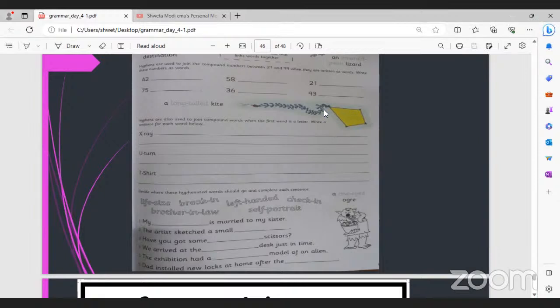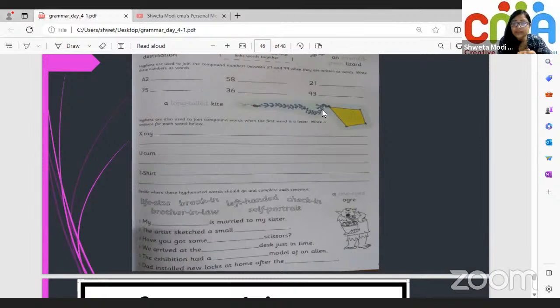The exhibition had a life-size model of an alien. Yes. So life is not talking about model. Life is talking about size, and size is talking about model. To differentiate that, size is connected with life and not with the model, we use hyphen.